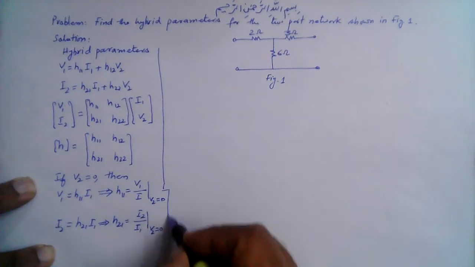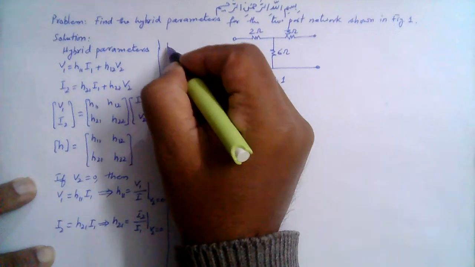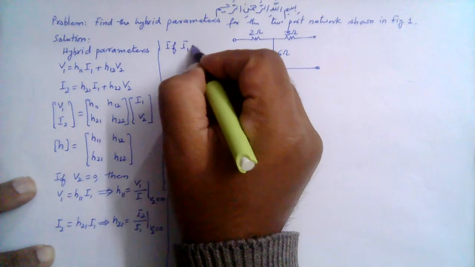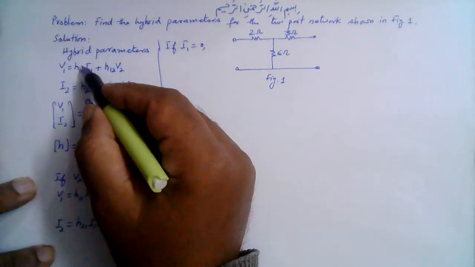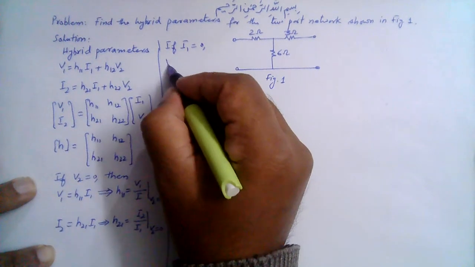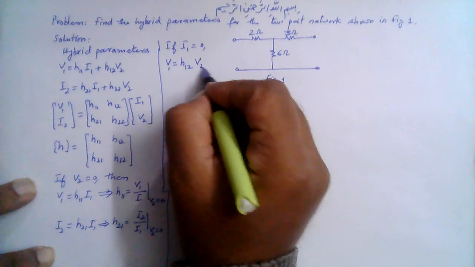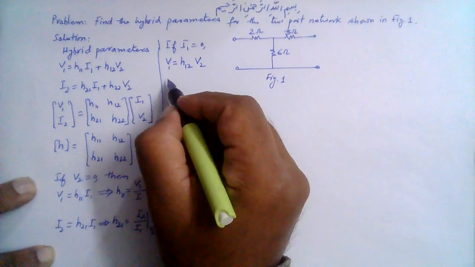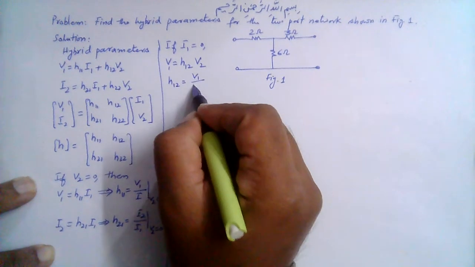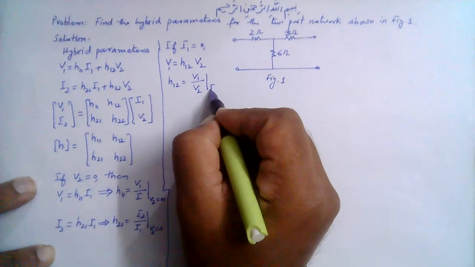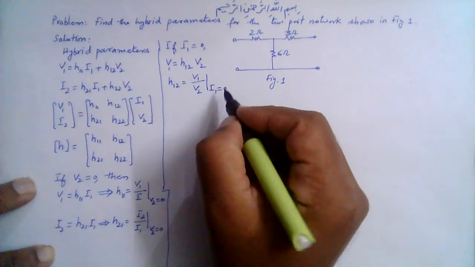And now if I put I1 is equal to 0, then these two terms will disappear, and then V1, for example, is equal to H12 V2, and from here we can see that H12 is equal to V1 divided by V2 while I1 is equal to 0, right?